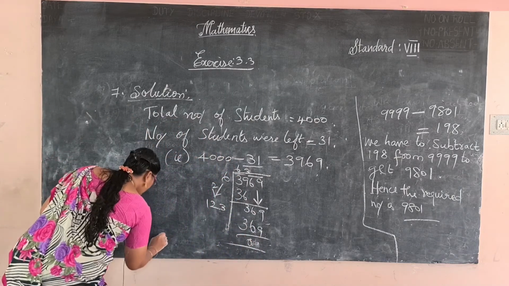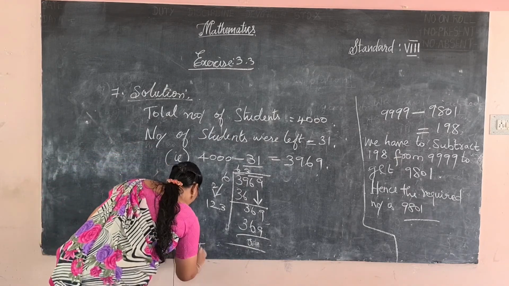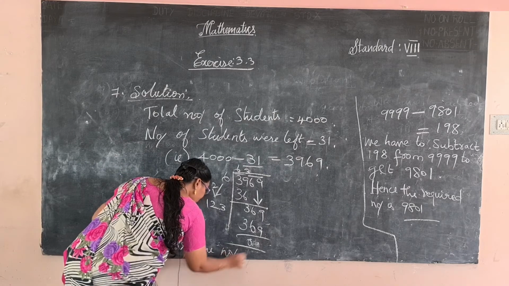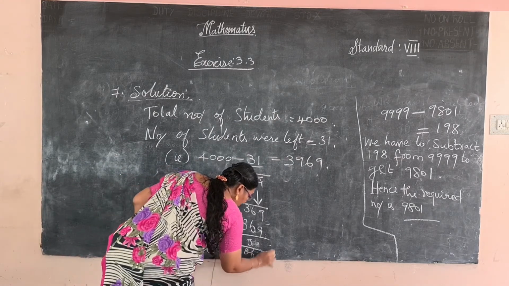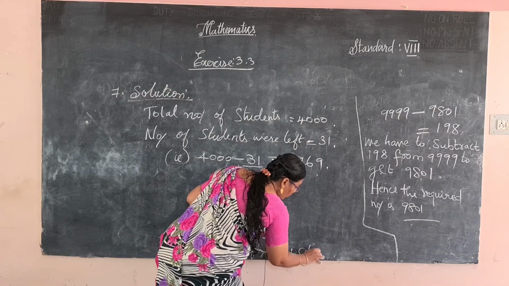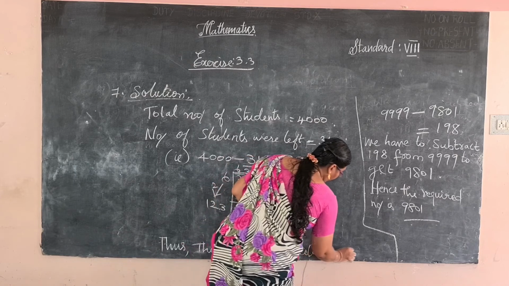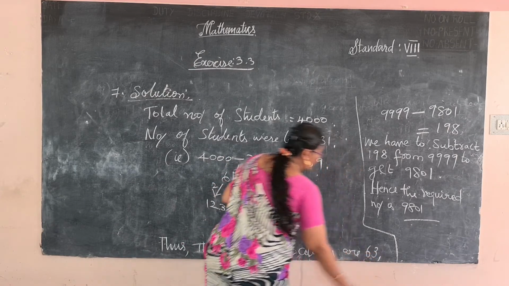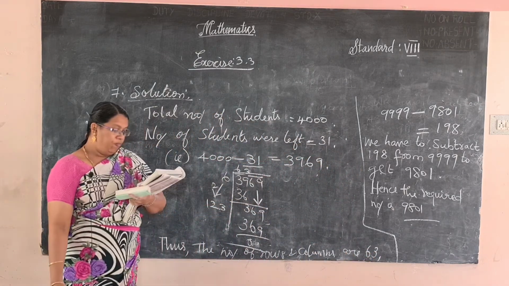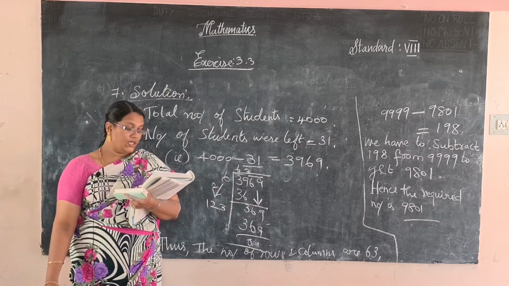Thus the number of rows and columns are 63.